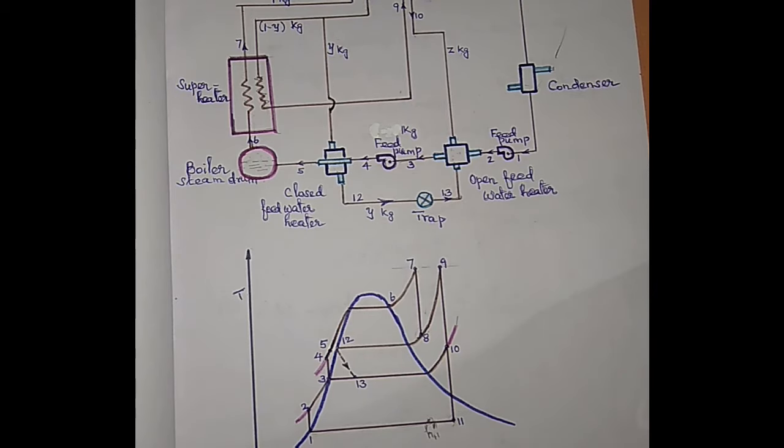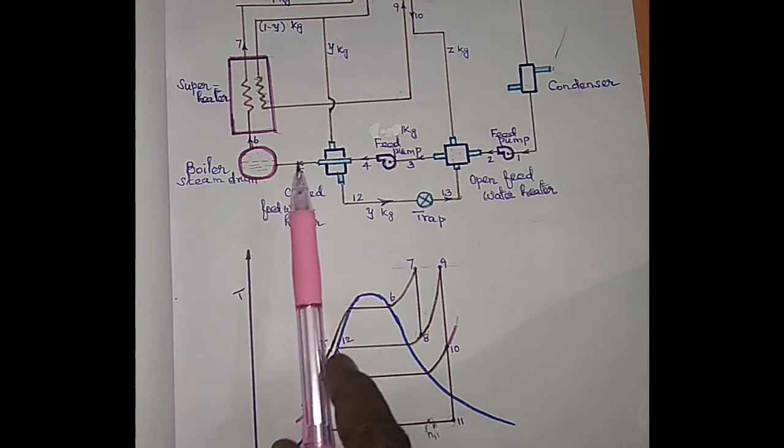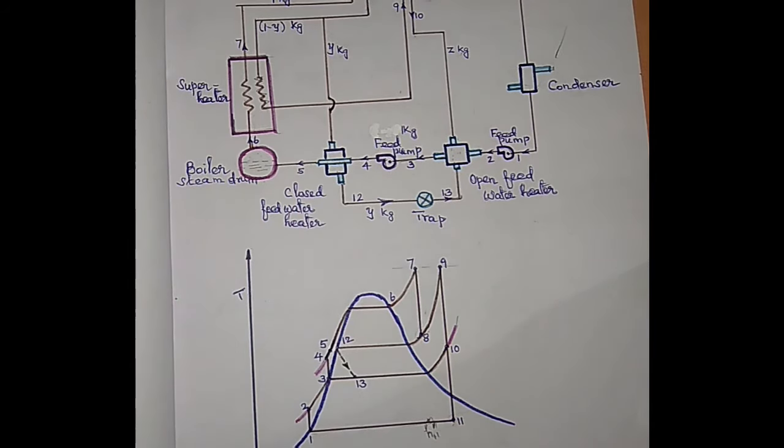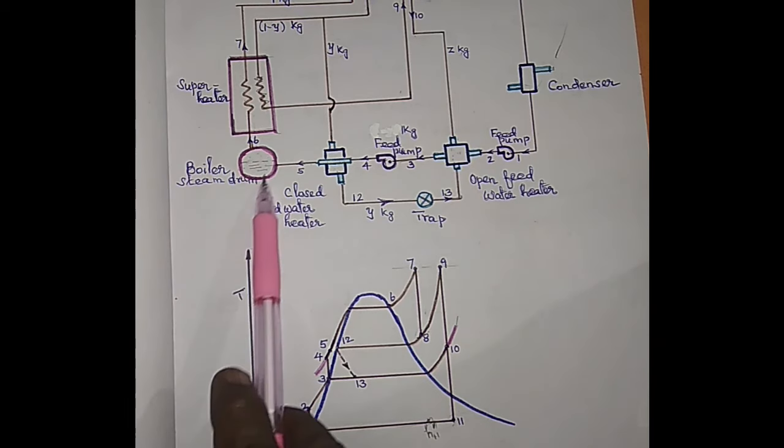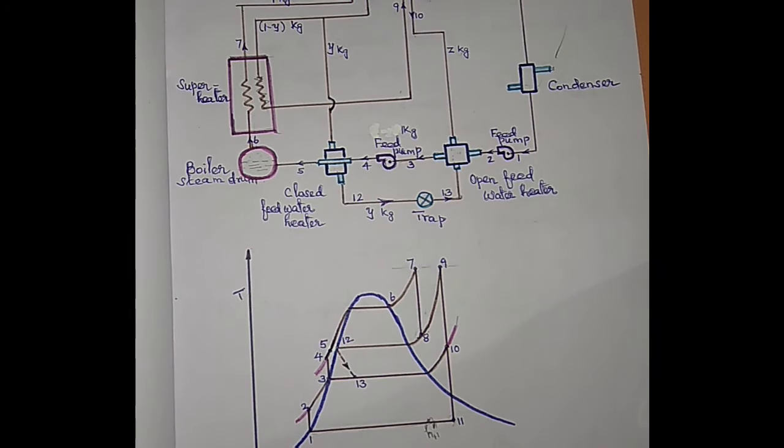Why do we want to increase the temperature? So if we increase the temperature of the feed water entering into the boiler, one thing is the heat added in the boiler will be at a higher temperature.